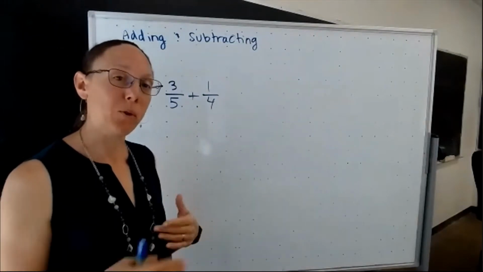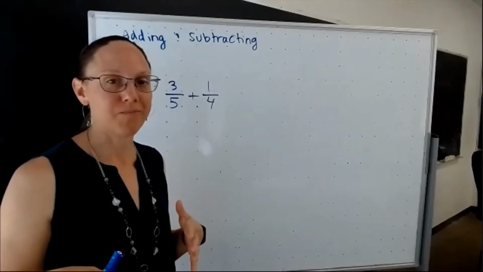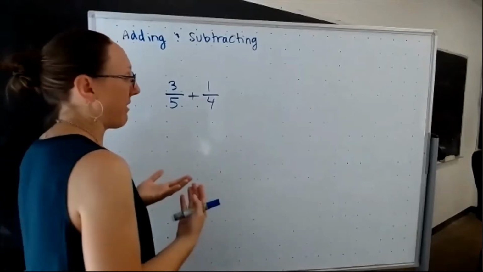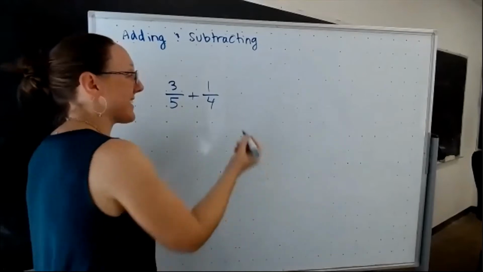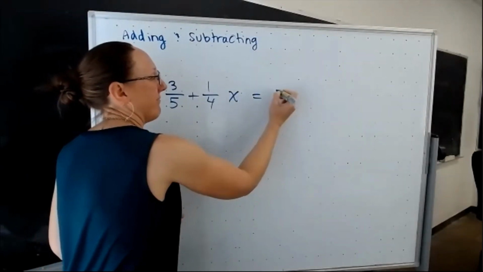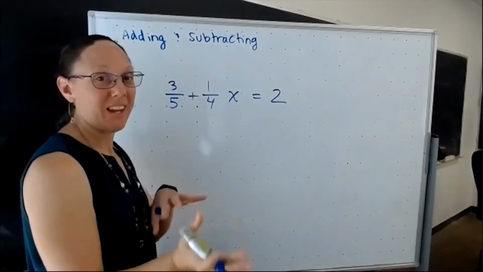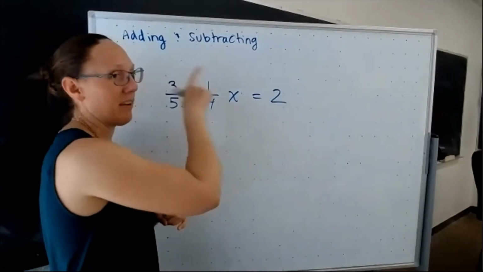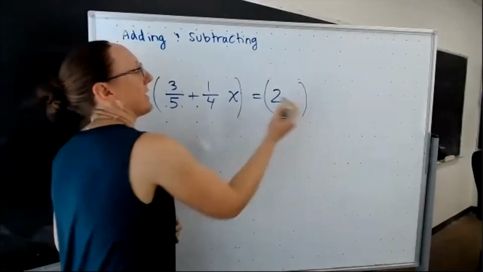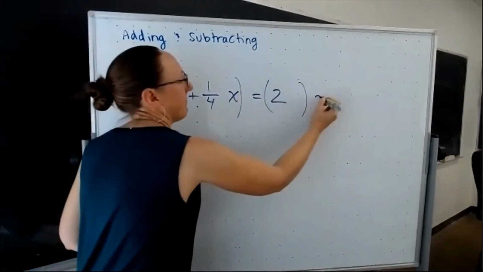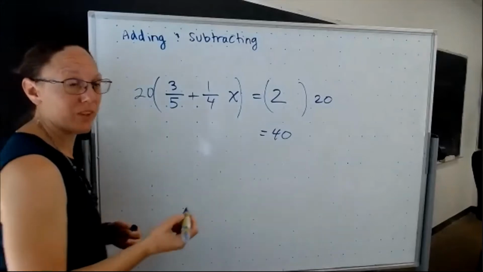So when we talk about multiplying by the common denominator to eliminate the fractions, that only works if I've got 2 sides to work with. Now that I have an equation with fractions, I can multiply both sides by 20 to avoid dealing with fractions at all.